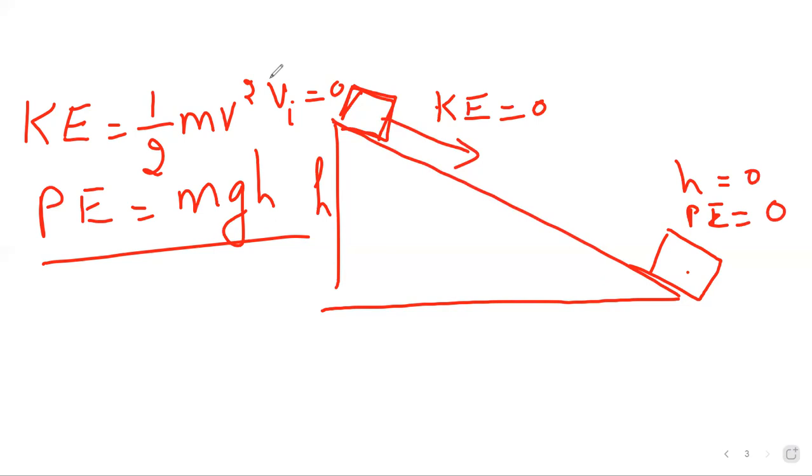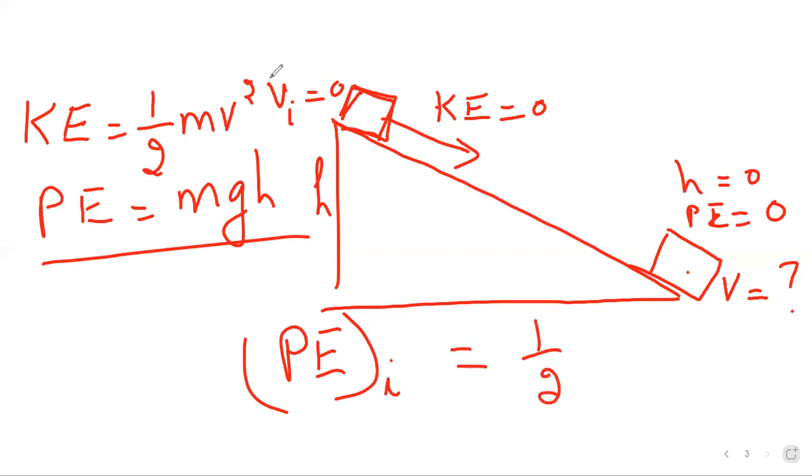So as this block slides down, its potential energy converts into kinetic energy. If I asked you to find the speed here, all you'll do is set the potential energy initial, at the top, equal to the kinetic energy, half of mv squared, at the bottom of the hill.